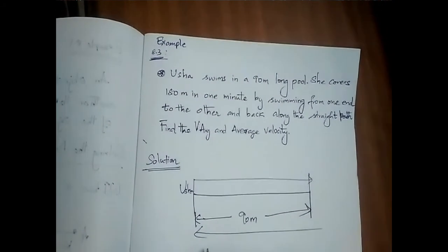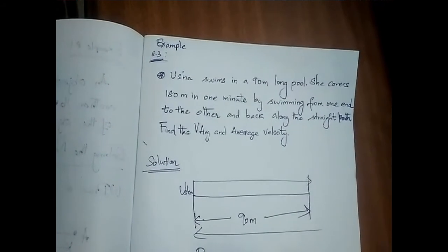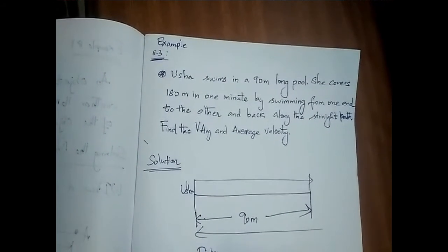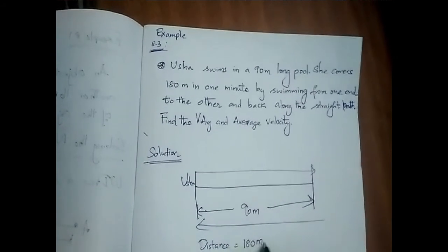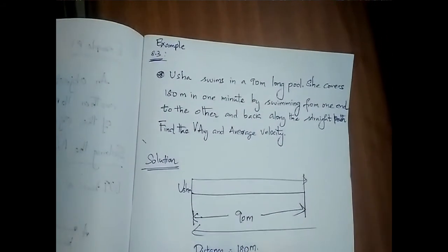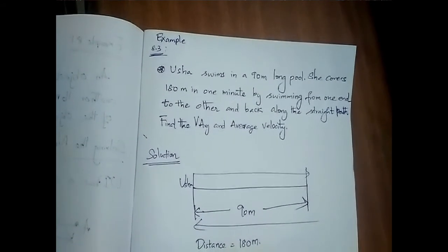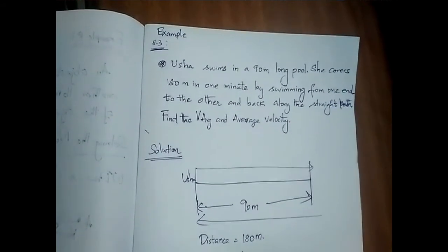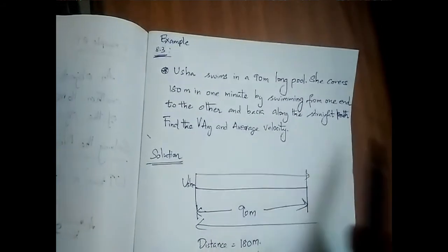What is the other thing that is given? The time is given as 1 minute. So the distance traveled is 180 meters. Time is equal to 1 minute, that is equal to 60 seconds.